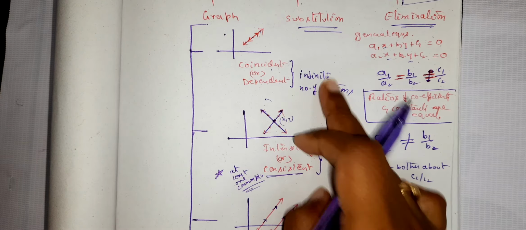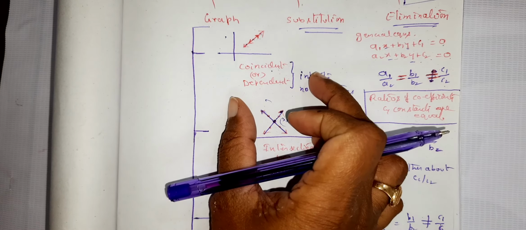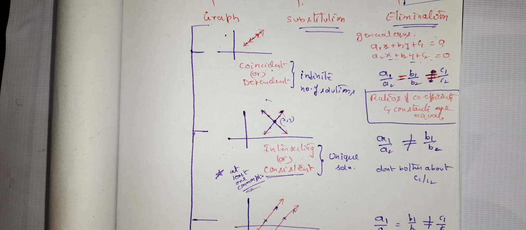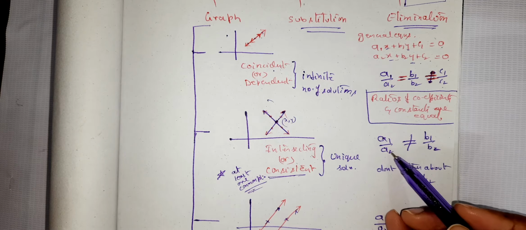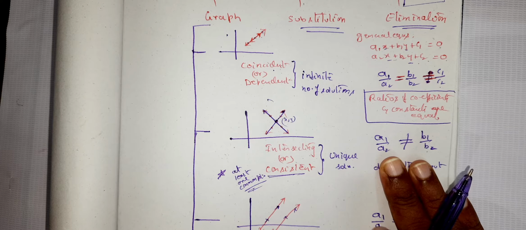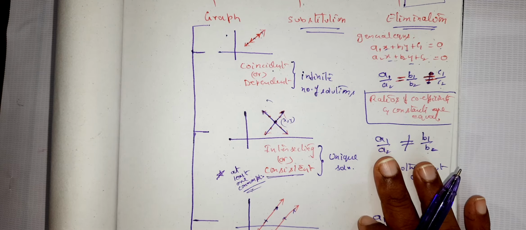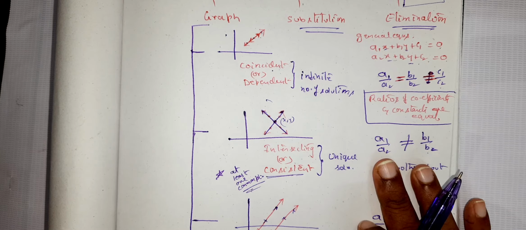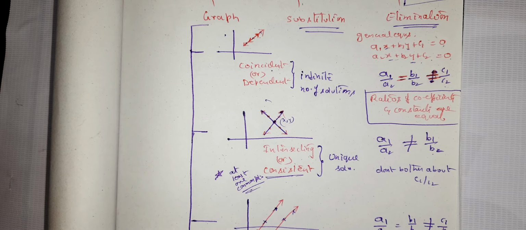Both these conditions are consistent, but here it is consistent and intersecting, and there it is consistent and dependent. Now, when you observe the equations, if A1 by A2 is not equal to B1 by B2, and we are not bothered about the constants, then both lines will be intersecting, or consistent, and you will have only a unique solution.